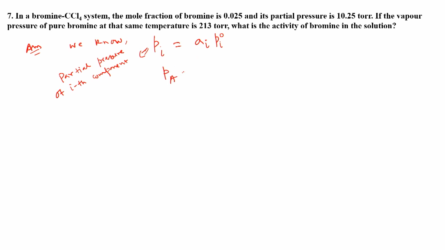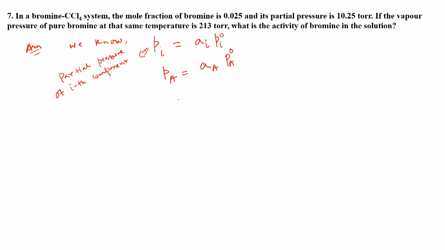Okay, so here we know the partial pressure of the ith component, Pi, is Ai times Pi naught. So PA is AA times PA naught.